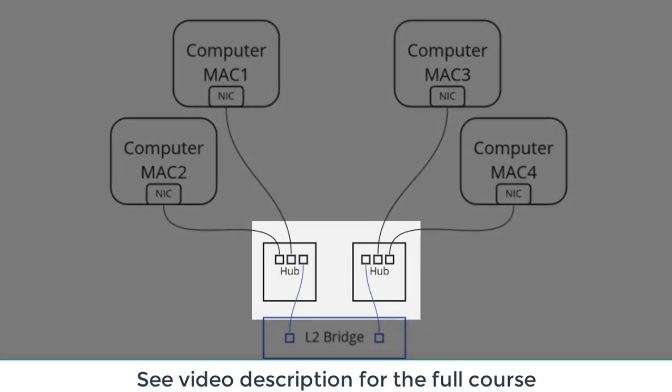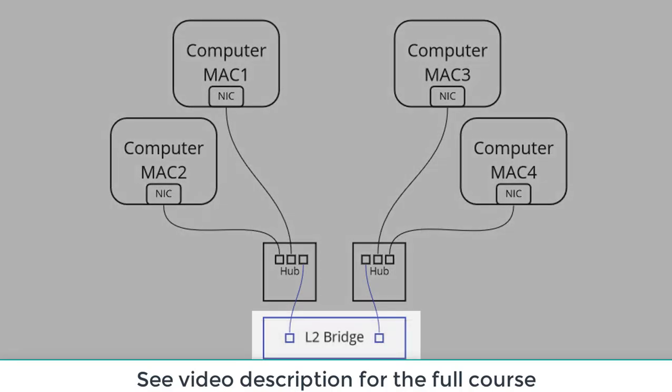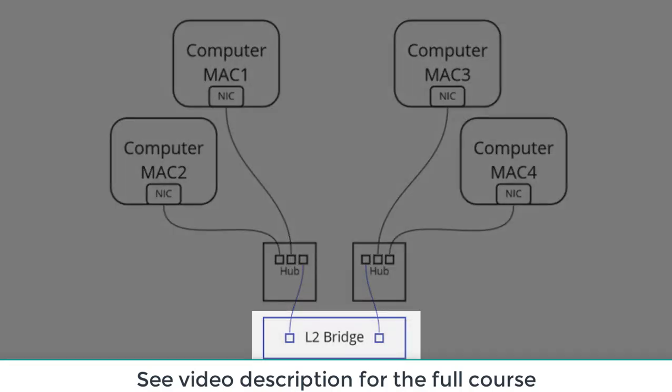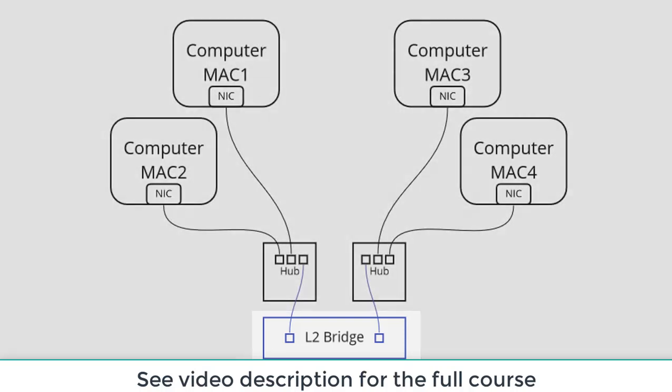So now we've altered our diagram a little bit. We actually have two hubs, and both of the hubs are connected to this layer 2 bridge. And the layer 2 bridge has a MAC address table. The layer 2 bridge is more intelligent than the hub. And what the MAC address table does is it tracks which MAC addresses are reachable through which port.